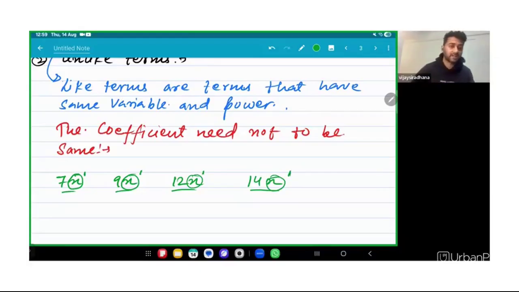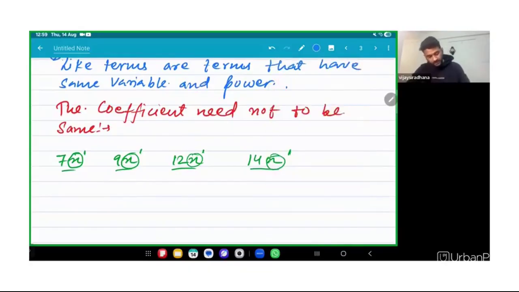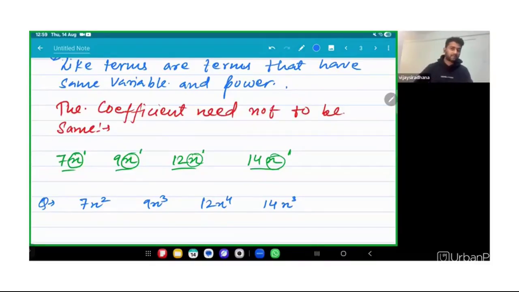That means that they are the like terms. What about 7x square, 9x cube, 12x to the power of 4, and 14x to the power of 3? So they are the unlike terms.